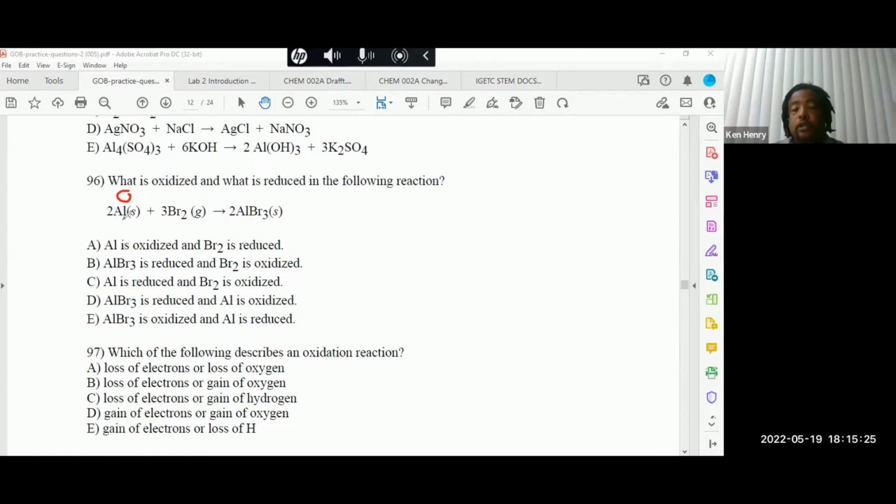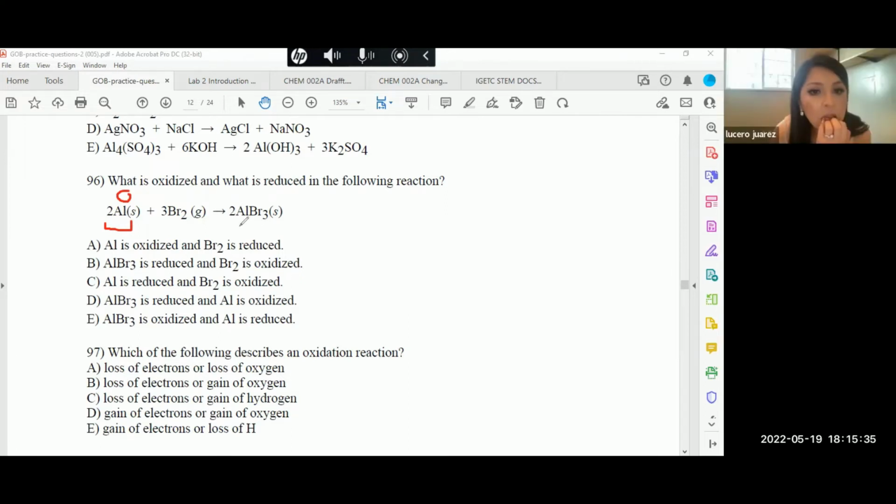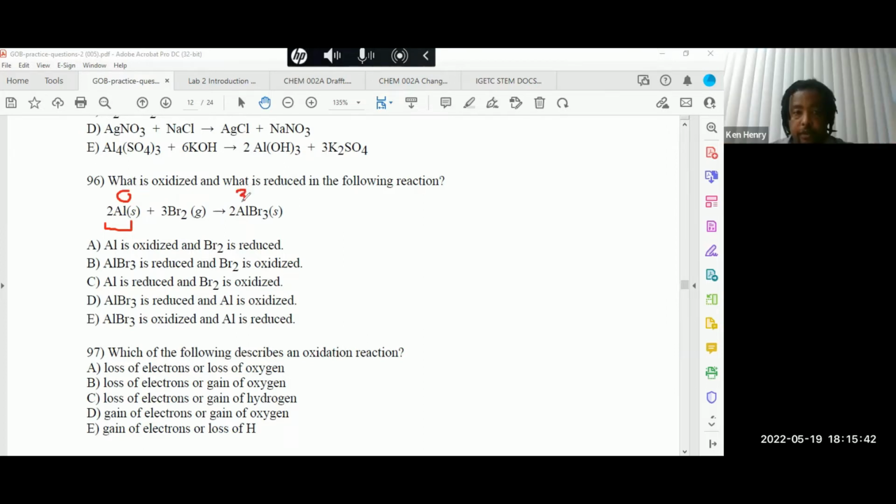You have to look at both. Initially it's a metal, so it has no charge. But when it's an ionic compound, what is the charge on aluminum? 3 positive. So we're going to put 3+ on top for aluminum.